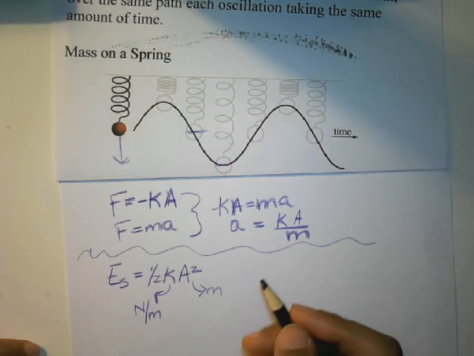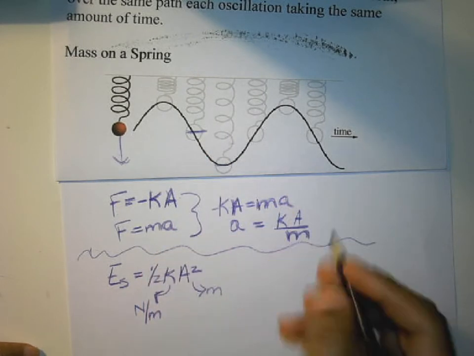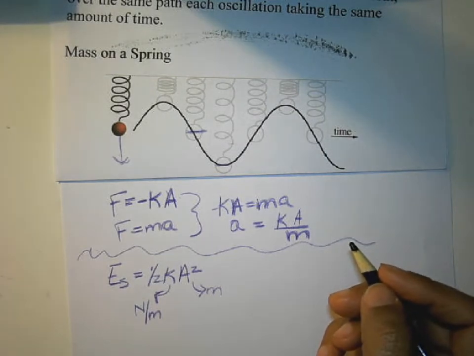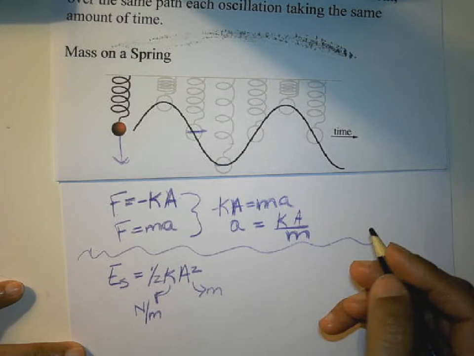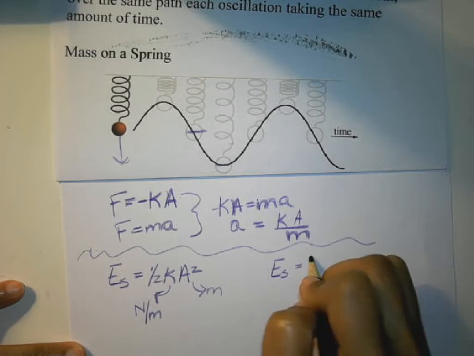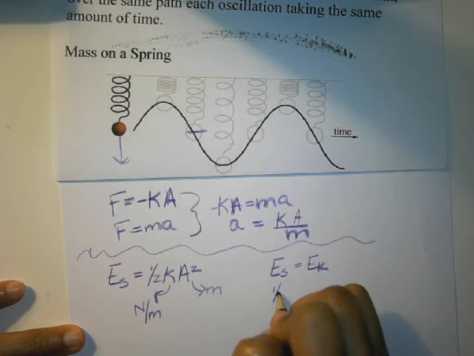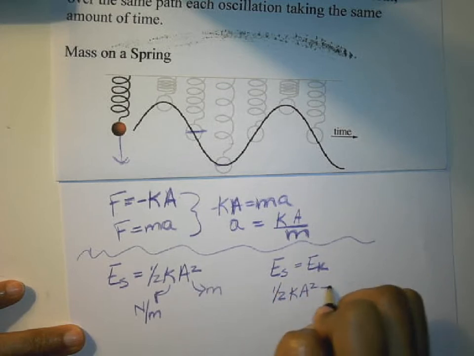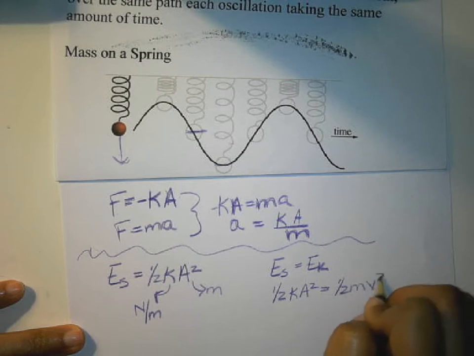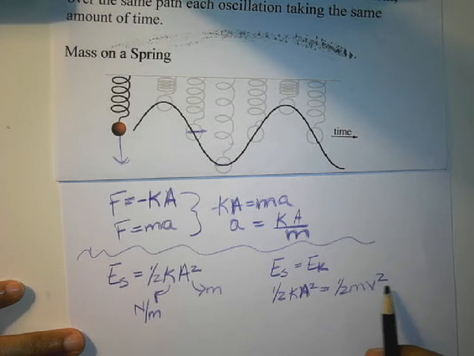So we can find the velocity right here at equilibrium, which is easy because we know that all the potential energy of the spring is turned into kinetic energy. So using conservation of energy, I can say that the energy of the spring is equal to the kinetic energy as it passes through equilibrium, which means that 1/2 Ka squared has to equal 1/2 mv squared. Once I know the maximum amplitude, I can solve for the velocity.